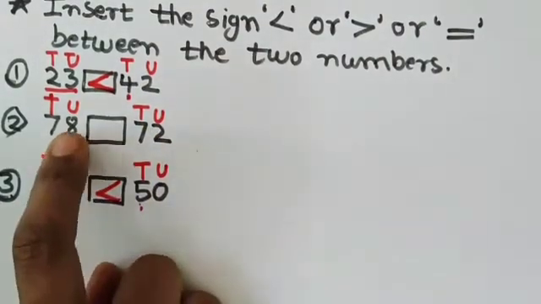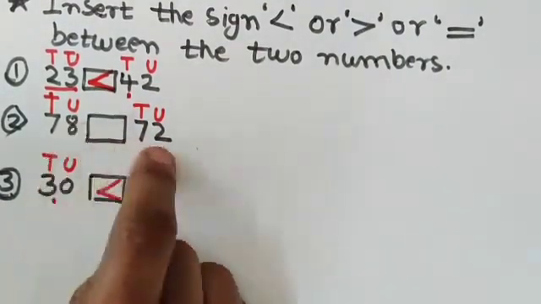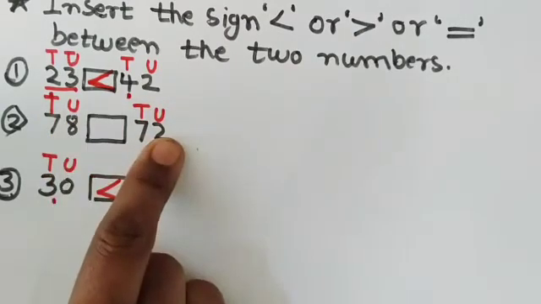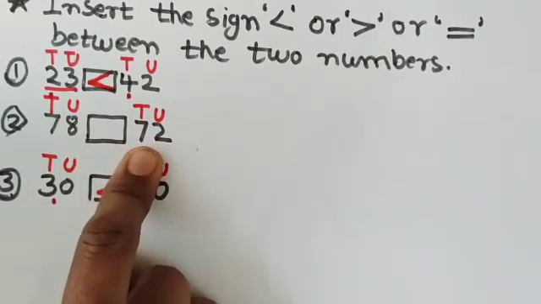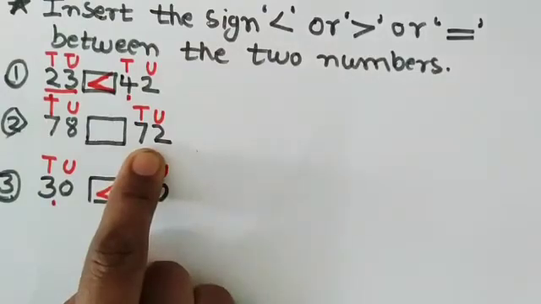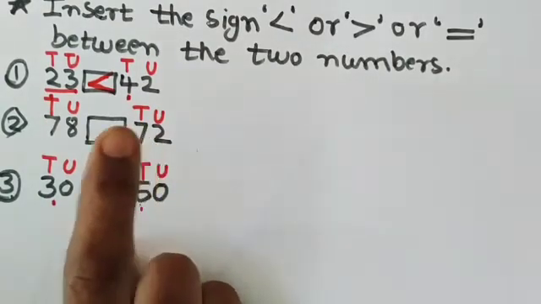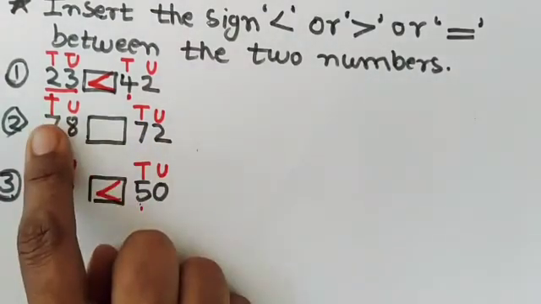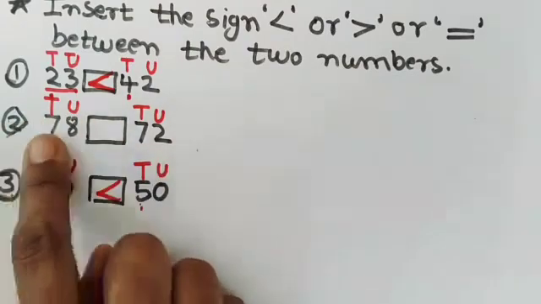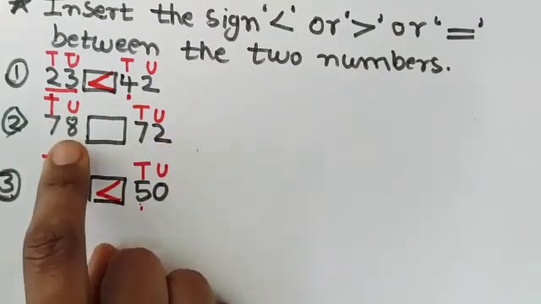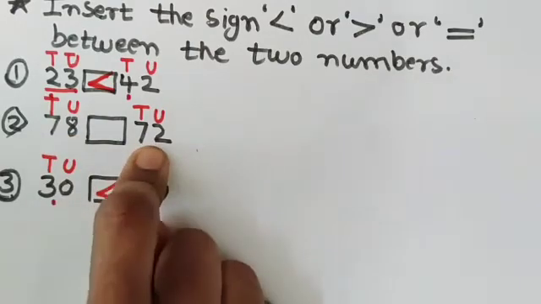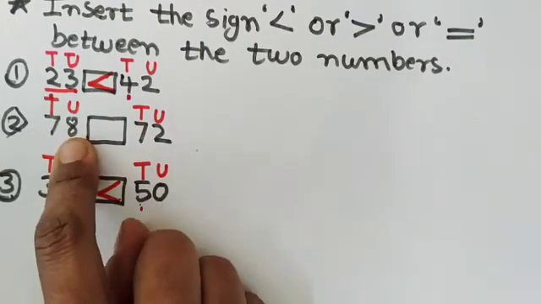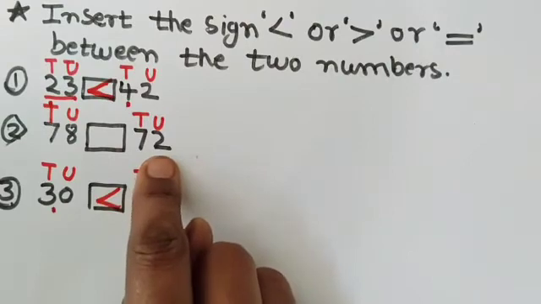Because at units place we have different numbers. So both numbers are not equal. So how to see that, children? Remember, children, if the tens are equal in both numbers, then the unit value will help you to understand which one is greater and which one is smaller.